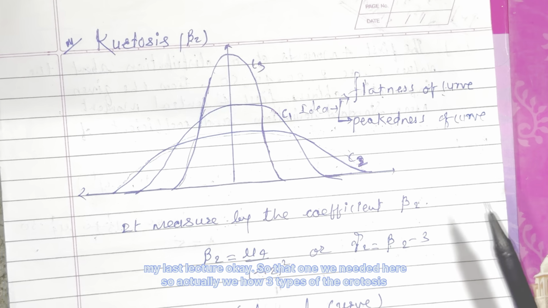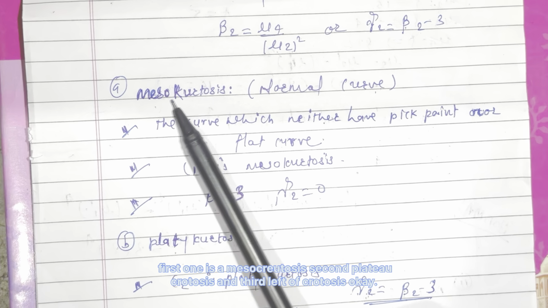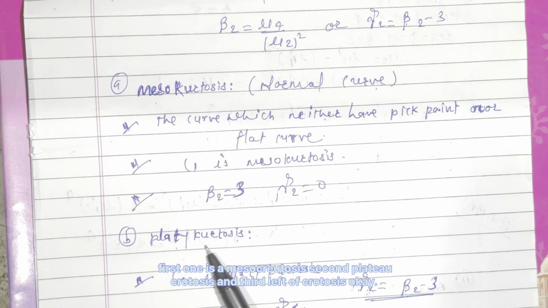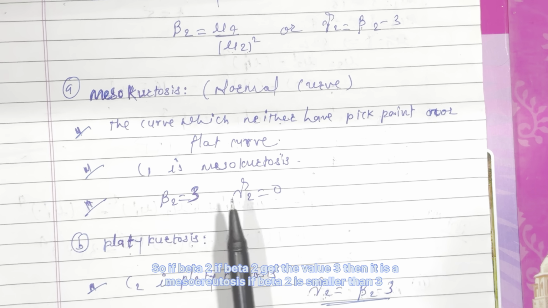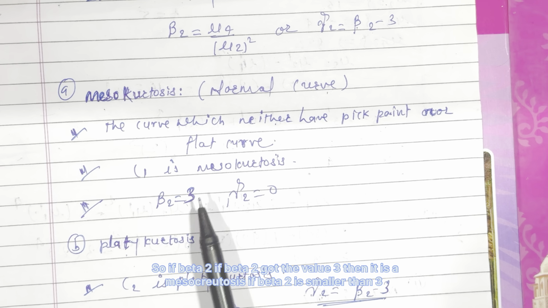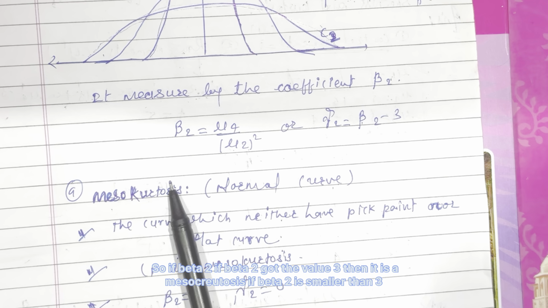Actually we have three types of kurtosis. First is mesokurtosis, second plateaukurtosis, and third leptokurtosis. If beta 2 has the value 3, then it is mesokurtosis.